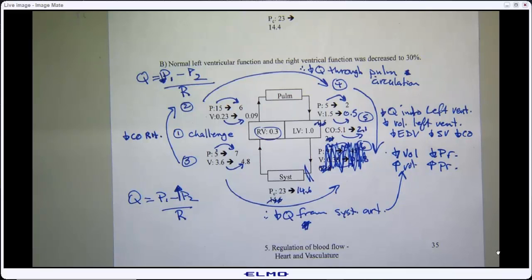Okay, so this is just a tap into getting you to really embrace the notion that this is a closed circuit. But you can see also that we have used all the same arguments that we did in the left ventricle failure scenario. We just keep using the same arguments over and over again. One more shout out, because this will happen when you're studying with other people.